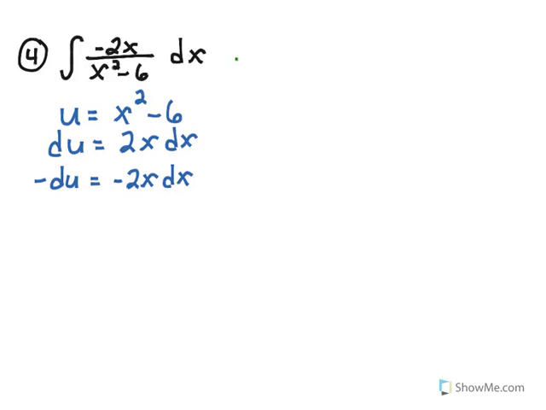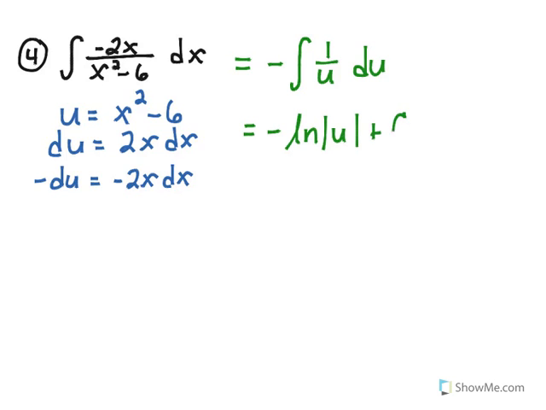Okay, so the rewrite on this guy, we're going to have a negative and a du, and that replaces the negative 2x dx. And then we have x squared minus 6, which is u, in the denominator, so this is again 1 over u. So the antiderivative of that is negative natural log absolute value of u plus c.